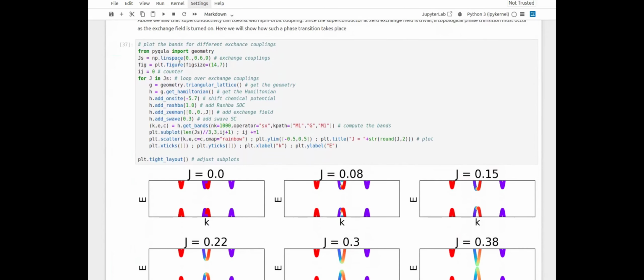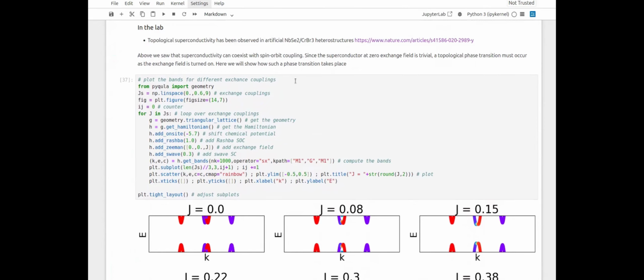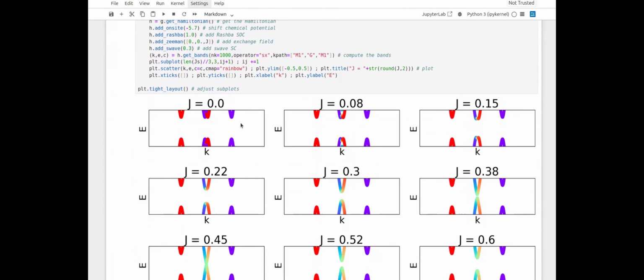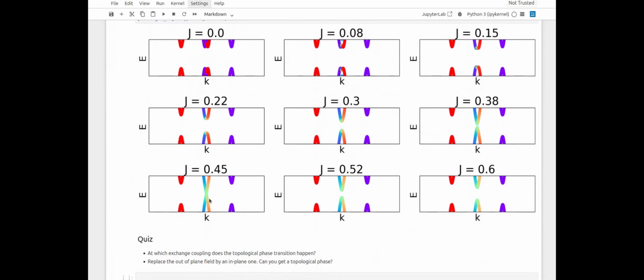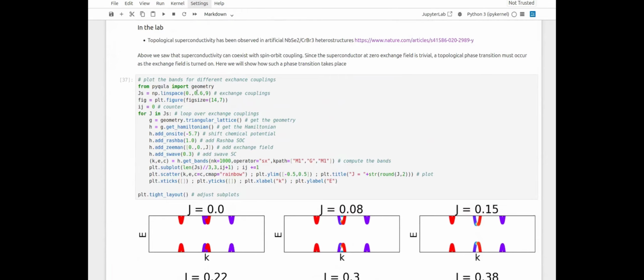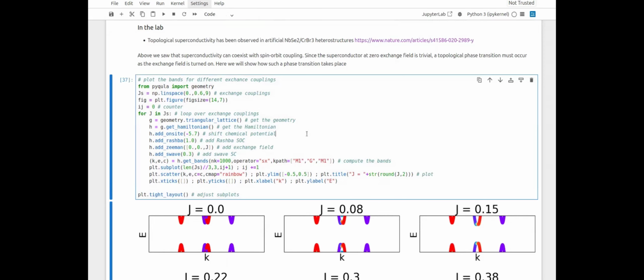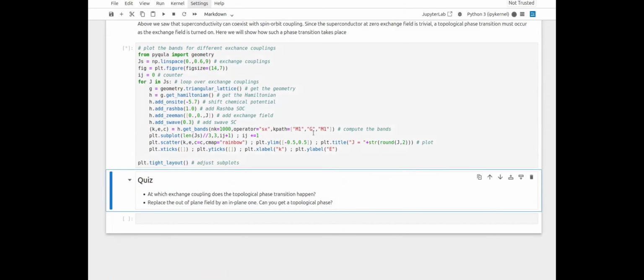Okay, and then the next point is that we can see there's a gap closing as we increase the value of a certain parameter, in particular the value of the exchange field. This is what we are doing here. We are taking a triangular lattice, adding a certain chemical potential and a certain Rashba spin-orbit coupling, but now the exchange field is going to be a parameter that we tweak, and we keep a certain S-wave superconducting order finite.